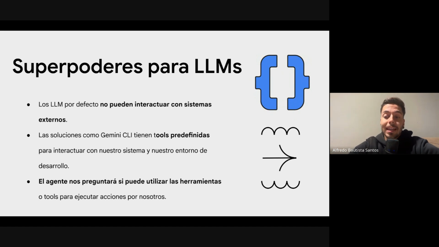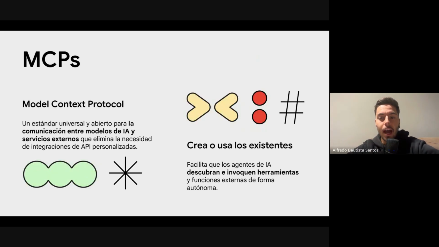So if in some case the AI becomes kind of crazy or hallucinates, you can deny the use of tools. It is very important for us as developers that we have control over which tool the AI can use, right? Beyond the tools, we have the MCP, which is called Model Context Protocol.